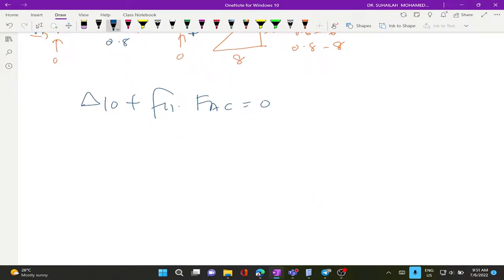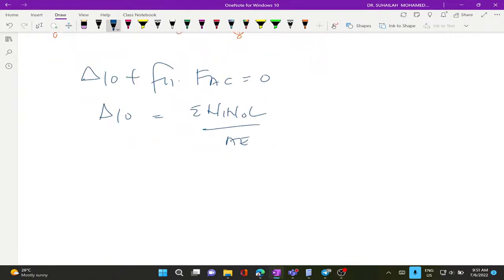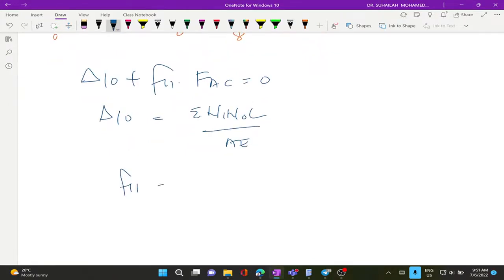Delta 1 naught is summation N1 N naught L over AE, and F11 is summation N1 square L over AE.